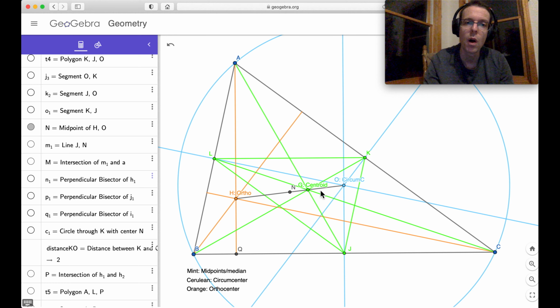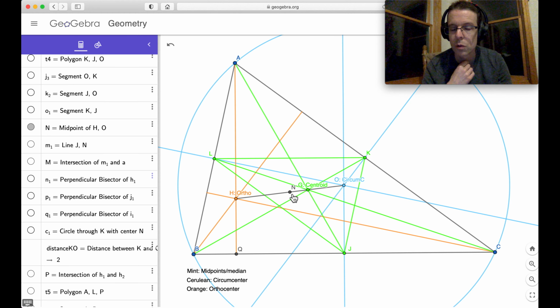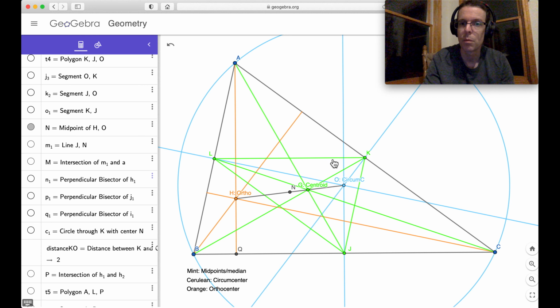In other words, everything we know about the relation of H, G, and O as it applies to ABC, we also know about the relationship of O, G, and N, the circumcenter of the medial triangle, as it applies to the triangle JKL. And that means that N can only be here. It must be on this Euler line, the same Euler line as applies to ABC. It must be on that same line.